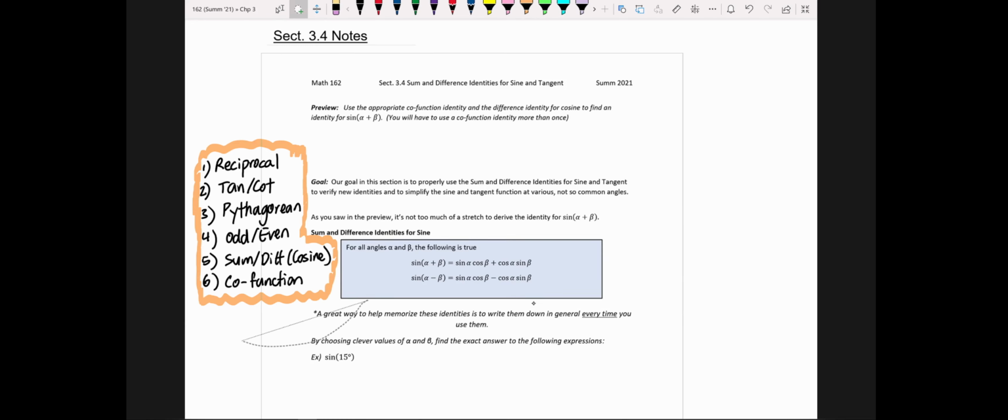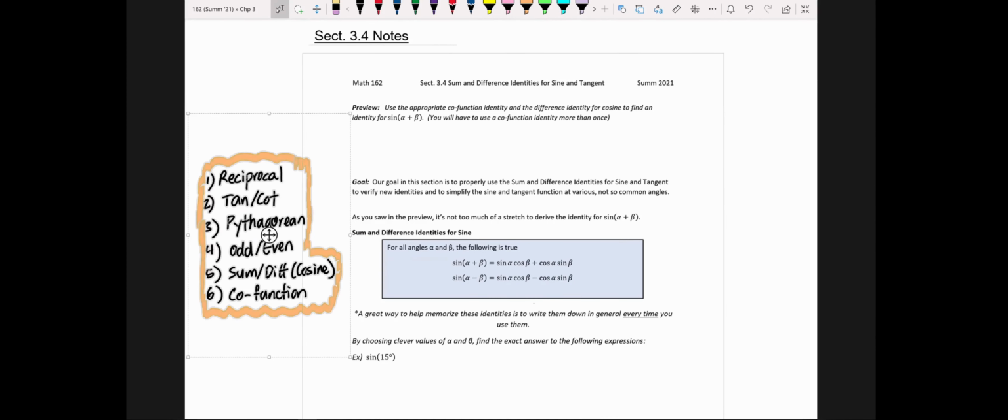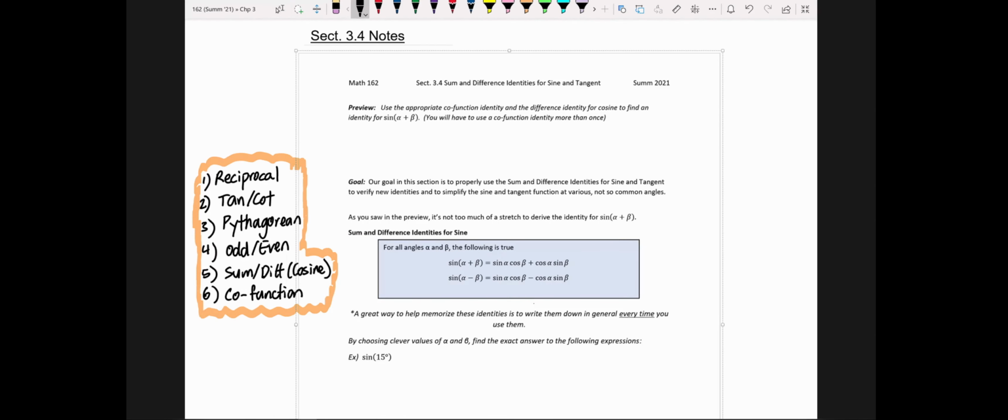Okay. And we had a little jingle to help us remember the sum and difference for cosine. We'll also have one for the sum and difference identity for sine. So this one is number 7.